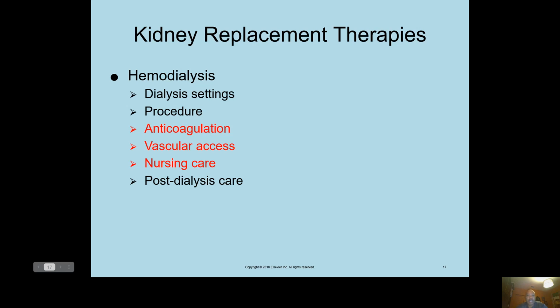Now, length of time on hemodialysis depends on the patient's age, the cause of CKD, and whether or not there are comorbidities such as cardiovascular disease or diabetes. The criteria for hemodialysis is irreversible renal failure with ineffective other treatments, and no conditions that would seriously complicate hemodialysis.